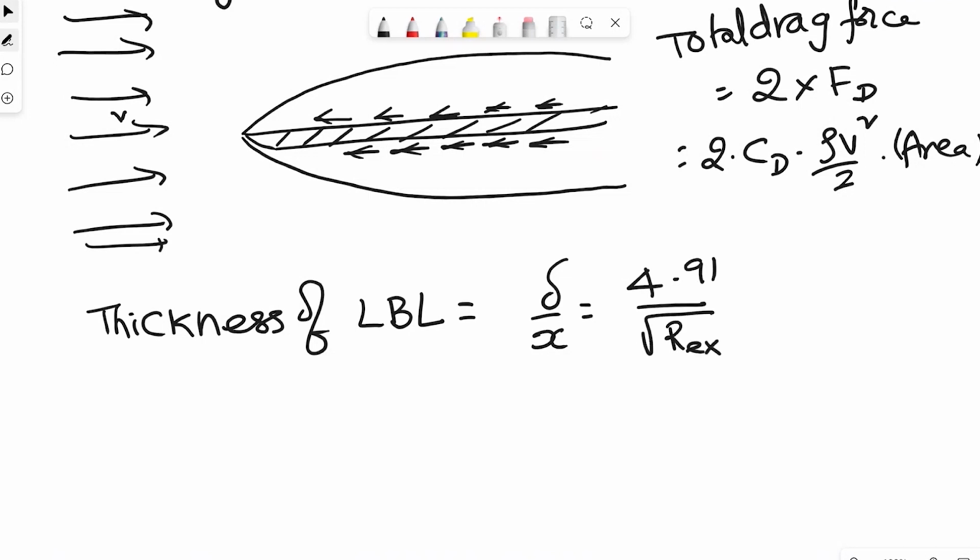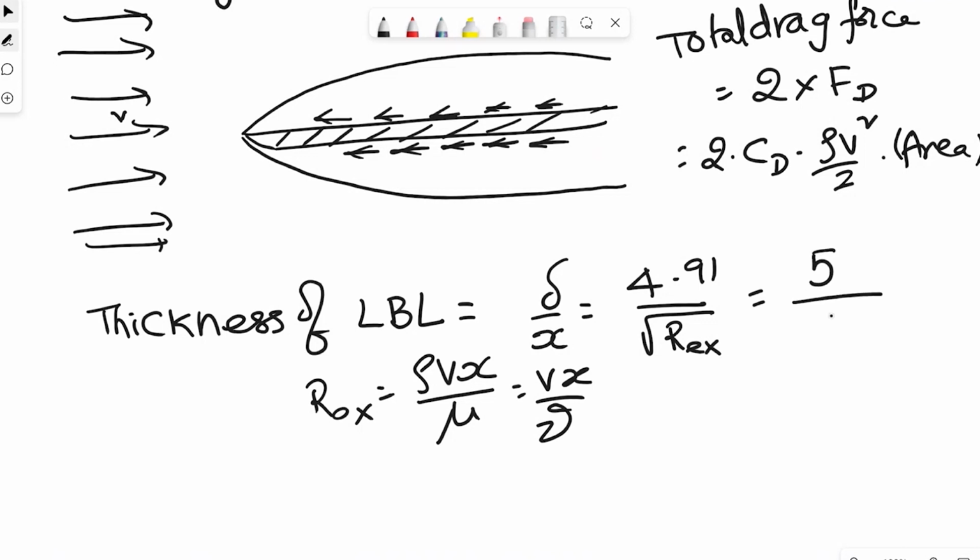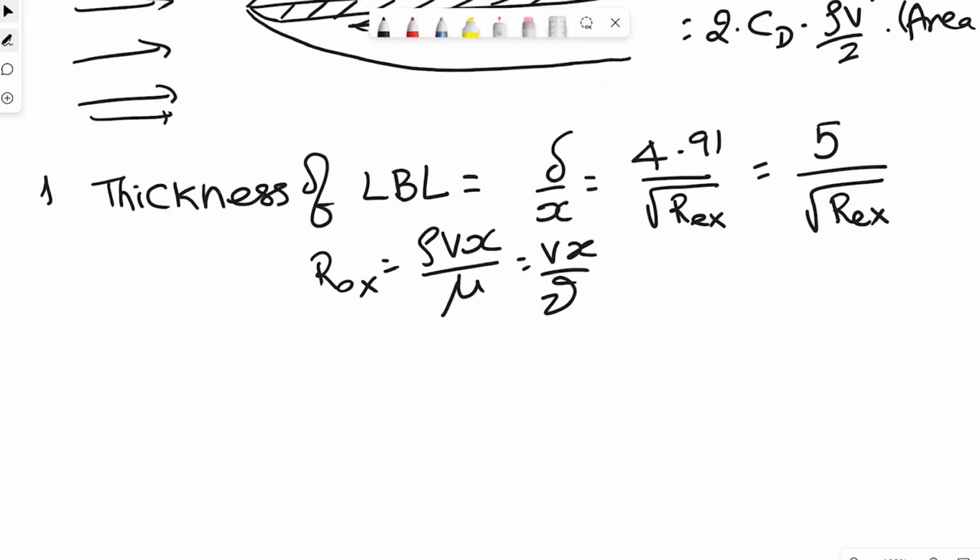Wherever you want to find the thickness at that place, Rex is the Reynolds number at that distance, equal to Vx by nu. Sometimes people also use 5 by root Rex. Any one of these equations you can use. This is the first point.